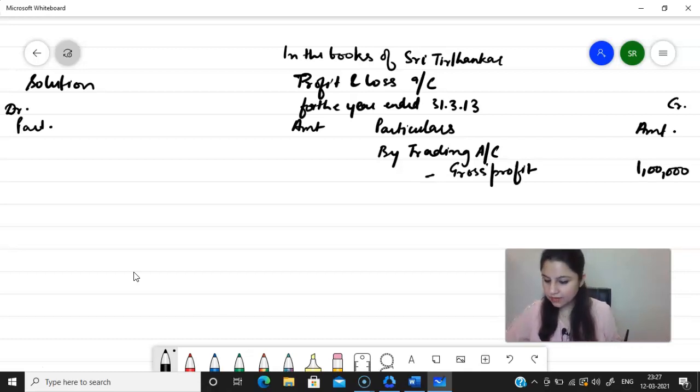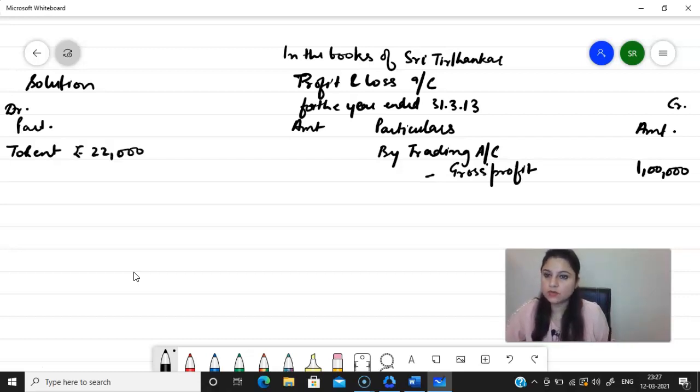Then we have the rent, so to rent account, and the rent is 22,000, and this 22,000 is for 11 months. So we will be providing for the 12th month also, since we would be preparing the profit and loss account at the end of the year, so we will have to add the outstanding rent as well.